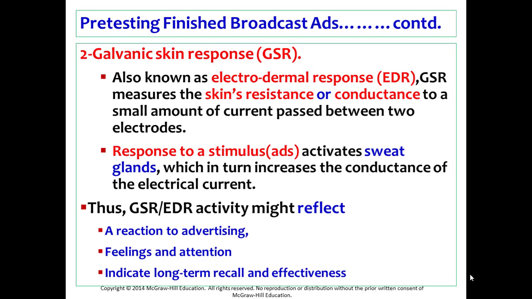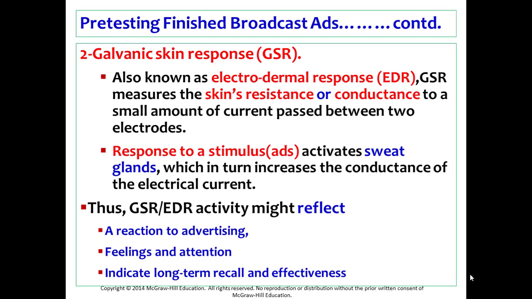As you know, we have sweat glands in our dermis, or in our skin. So we measure the response to the stimuli, which means the advertisement, and this advertisement might activate their sweat glands, which in turn increases the conductance of the electrical current.